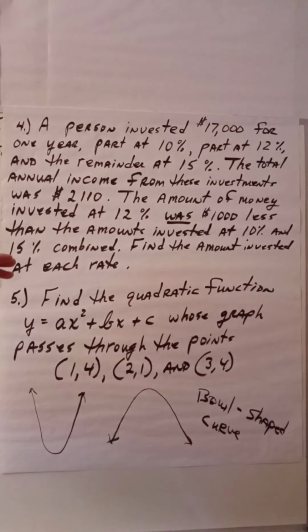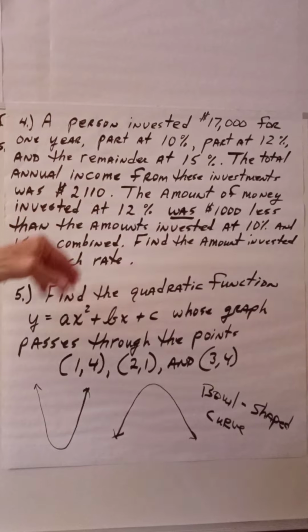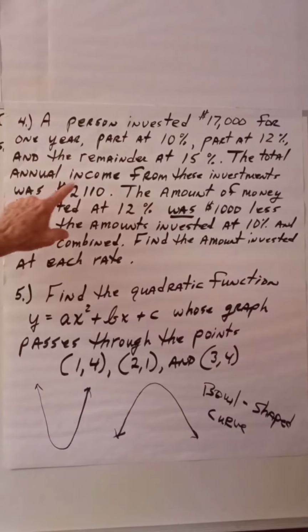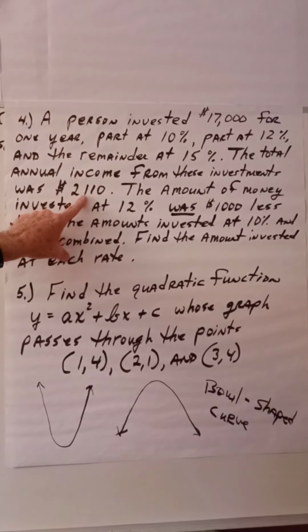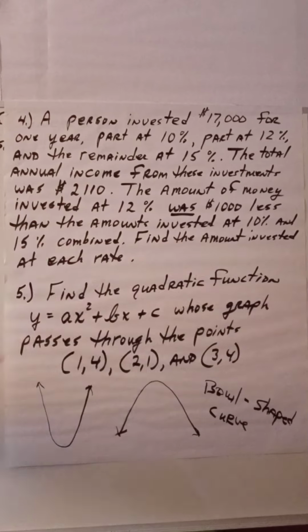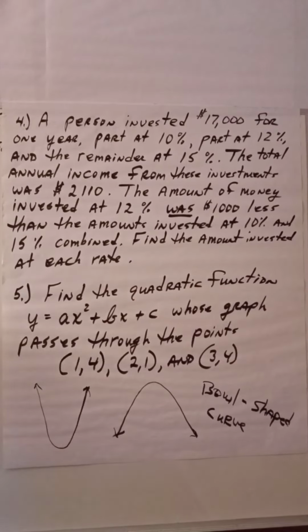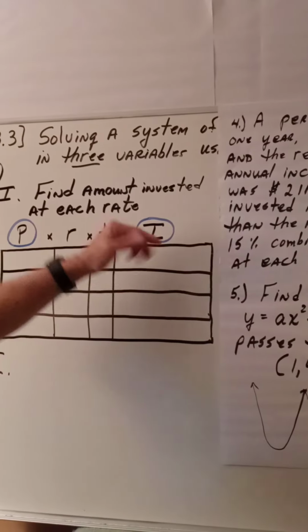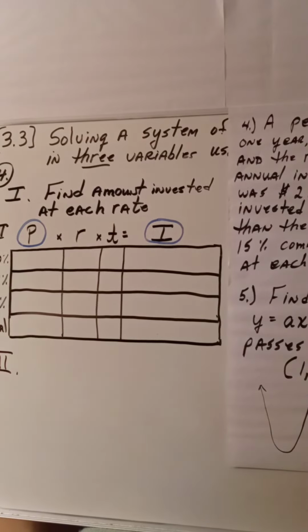Sentence number 2 is dealing with the annual income that's going to be earned from those 3 investments. The total annual income from these investments was $2,110. The total annual income is the total amount of interest that the person is going to earn from those 3 accounts.